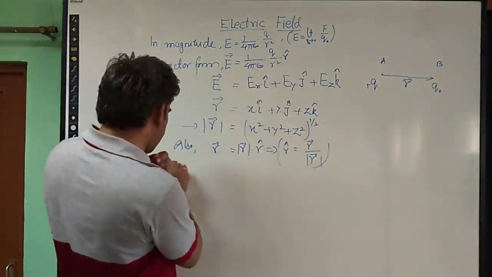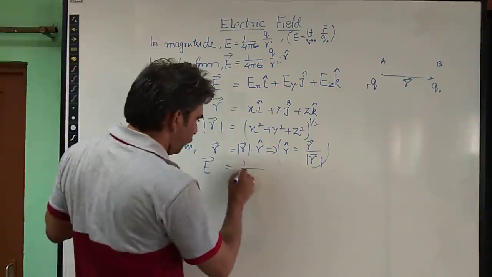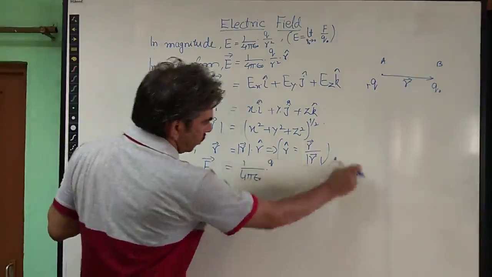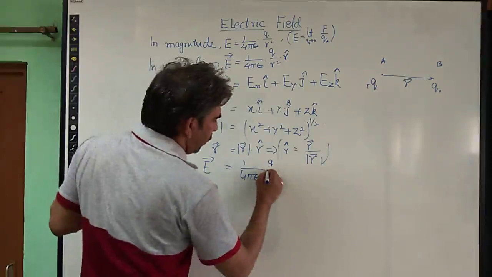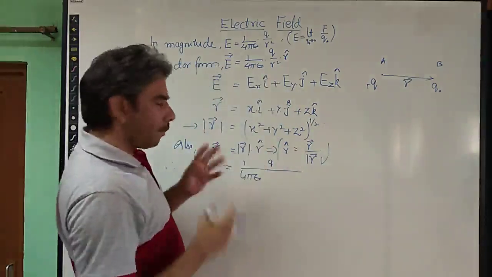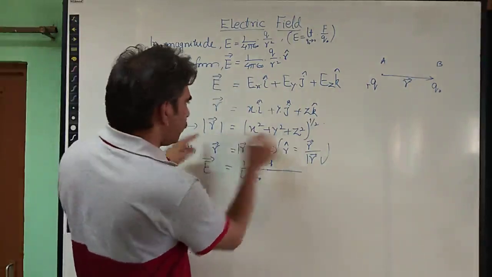And for r we are going to use this expression. So therefore the electric field vector becomes equal to 1 upon 4 pi epsilon naught into q upon r square, the magnitude of the position of the test charge. So here is the magnitude, so we can write it as r.